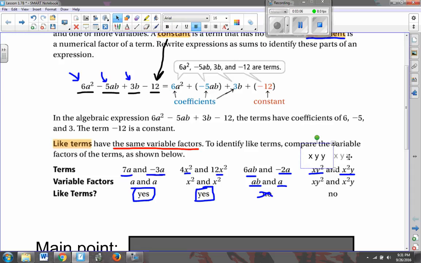And then x squared y would be x times x times y, because x times x gives us x squared. So we can see that this one has 2 y's multiplied with an x, and this one has 2 x's multiplied with a y. So again, no, these are not like terms because they don't have the same variable pieces. One has xy squared, the other has x squared y, not the same thing.